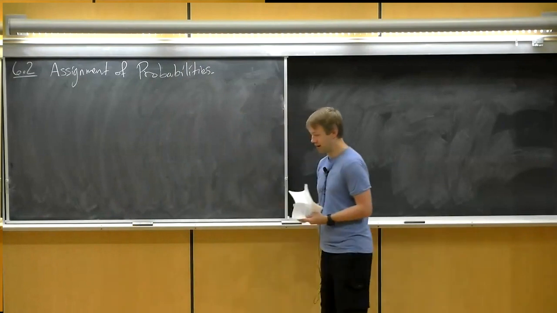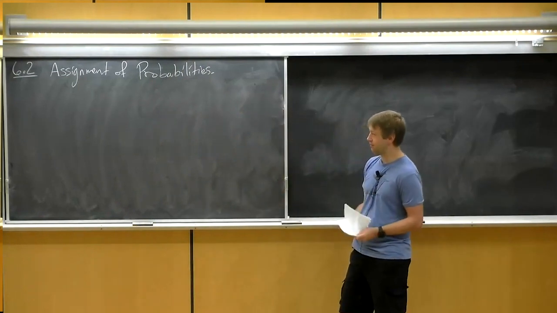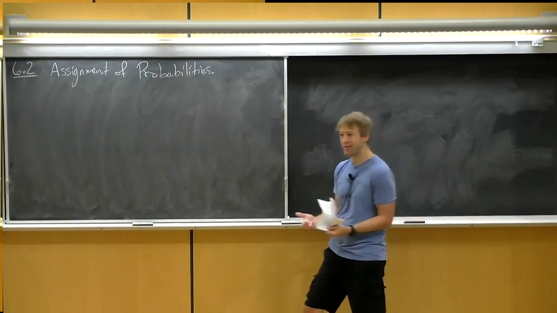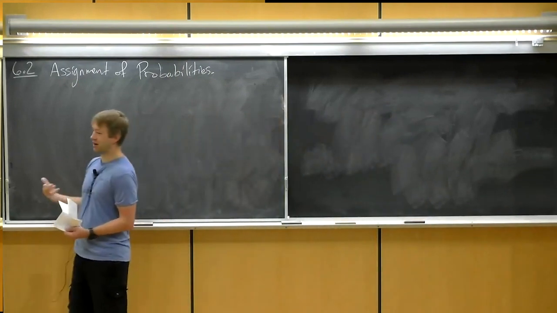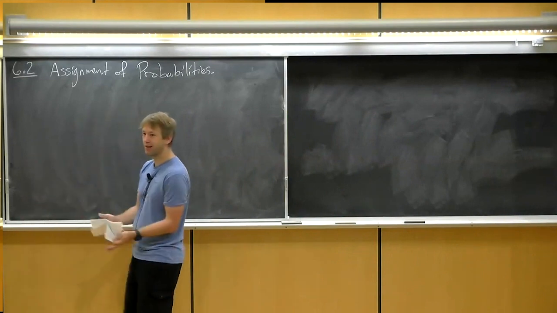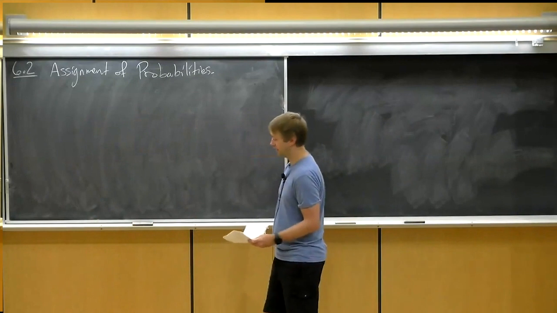So far we've talked about events and outcomes, but we're supposed to be talking about probability. So now the probability part comes in, where we start talking about the probability of this event happening or that event happening and things like that.